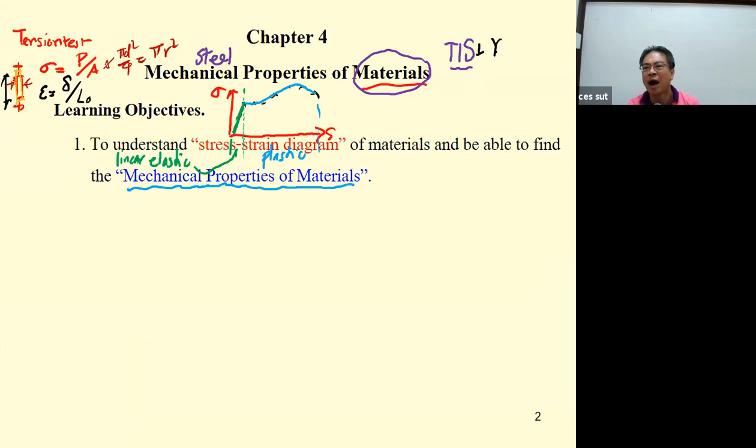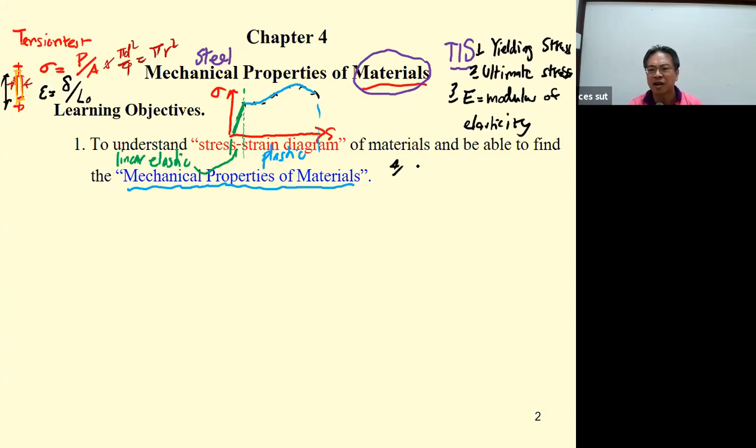First, the yielding stress. Second, the ultimate stress. Third, E, the modulus of elasticity. And fourth, the percent elongation.